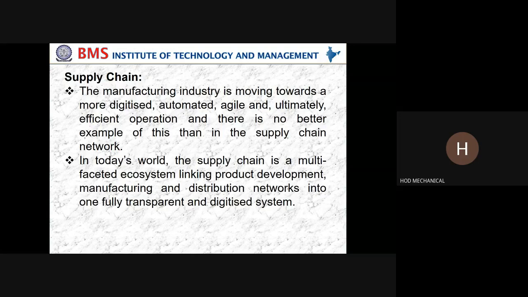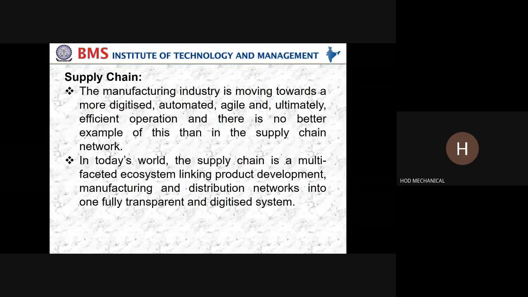Therefore, in order to make digitization and automation happen, and to inculcate agility, a supply chain network has to be built. Building a supply chain network is very, very important.